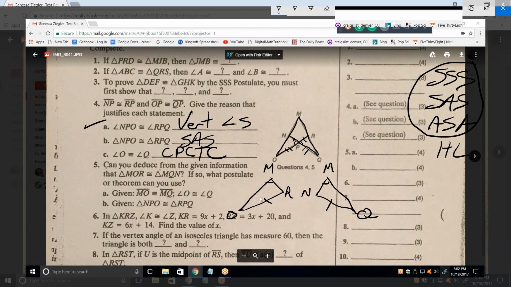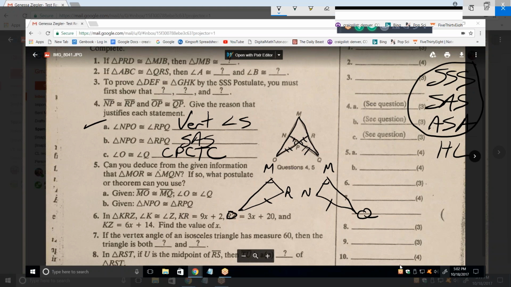So you can't use them out of order. But I can use the fact that that little segment's equal to that segment. Excuse me, let me point with my cursor. That segment's equal to that segment's equal to that segment. Therefore, NQ is equal to OR.